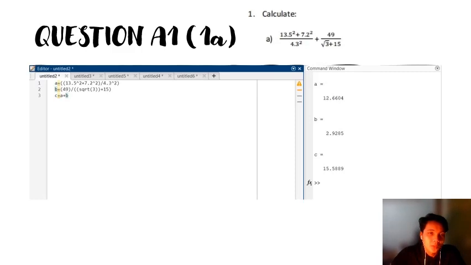So C equals A plus B, which represents the computation between these two equations. So we get the value 15.5889.